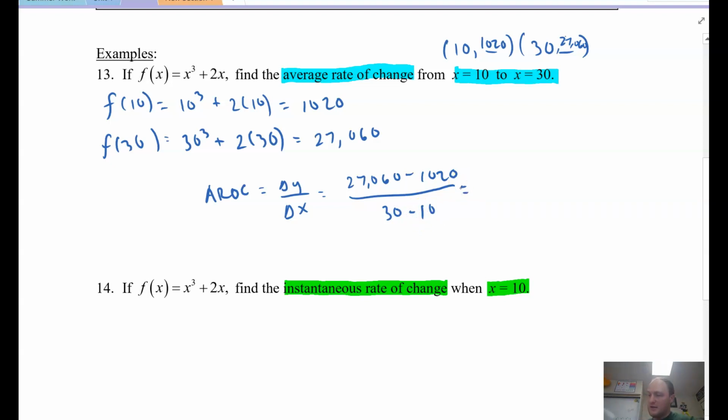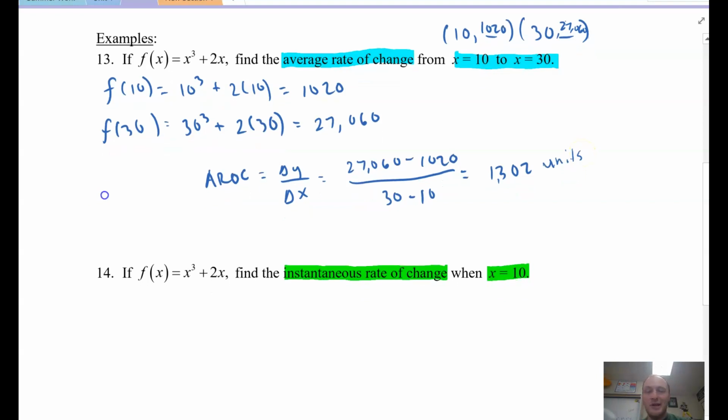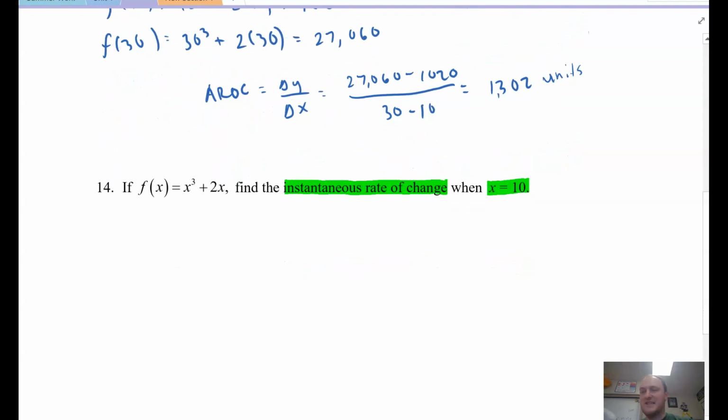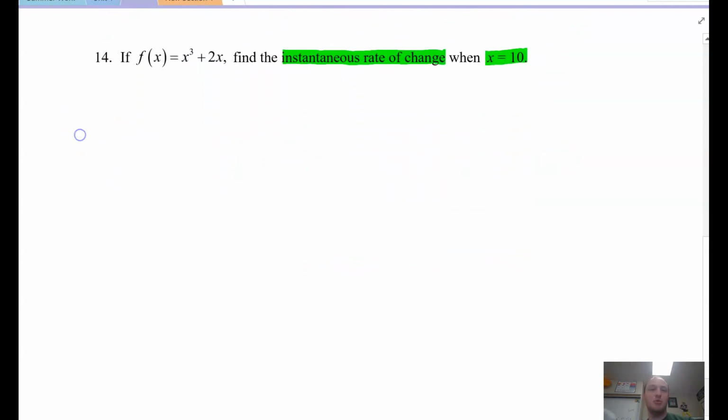If we plug this in, we get 1,302. Normally we would have units, and when we look at contextual problems involving velocity, acceleration, position, and so forth, we'll have units to do that. So that's average rate of change. That should be prior knowledge.